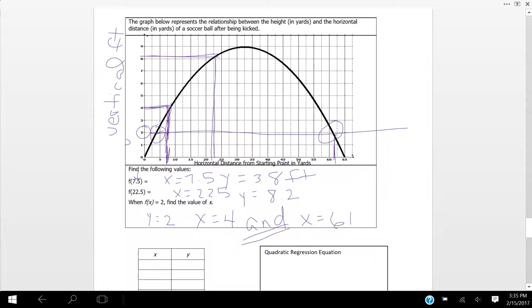So sometimes with your parabolas, you're going to have 2 values for x to 1 value of y because it's a parabola and it goes up and goes back down. All right, so there is that.